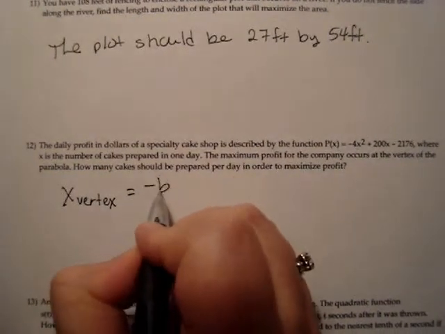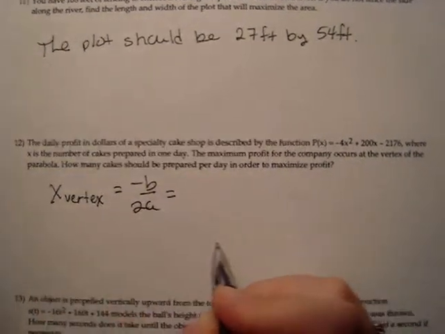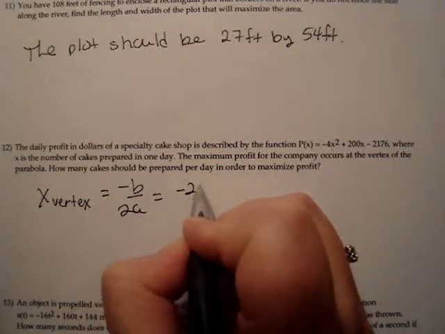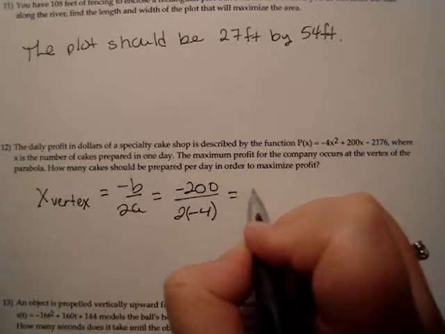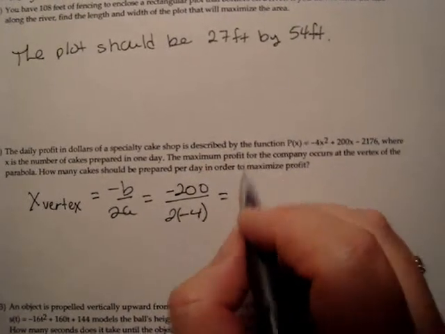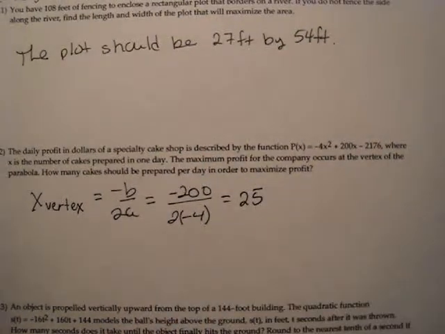So, negative B over 2A. You guys should have this memorized by now, right? Having bad dreams about it yet? Okay. 2 times negative 4. So I get, I think we get 25. And that's it. They didn't ask what the maximum profit was or anything like that. They just said, how many?